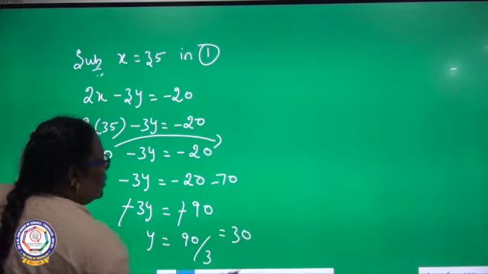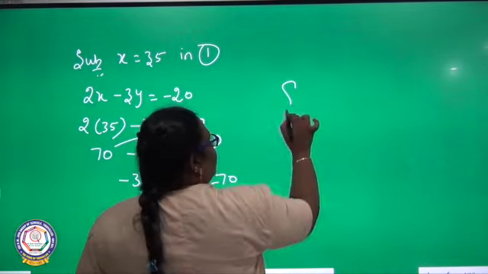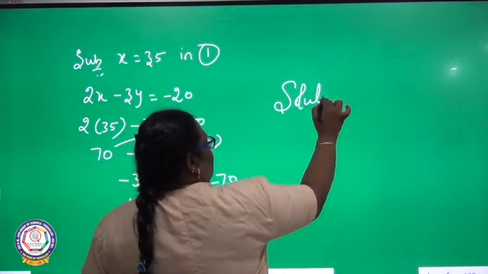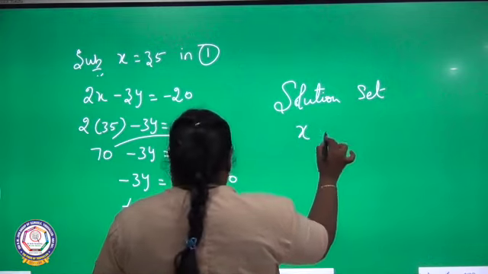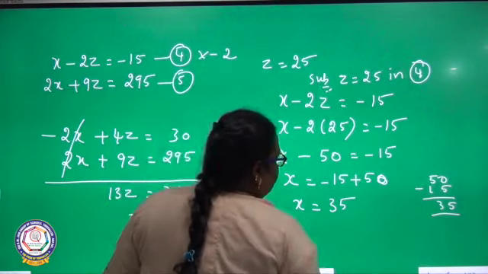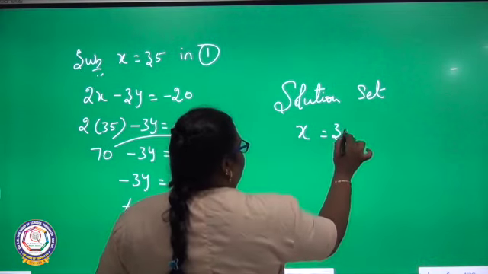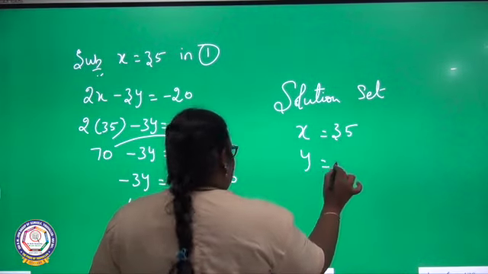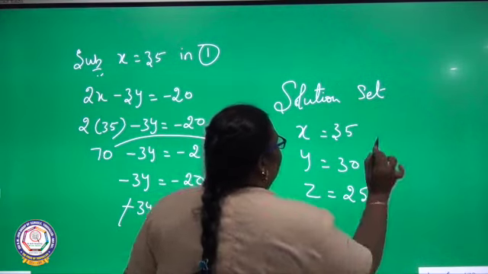The value is equal to 30. So what is the solution set? x equal to 35, y equal to 30 and z equal to 25.